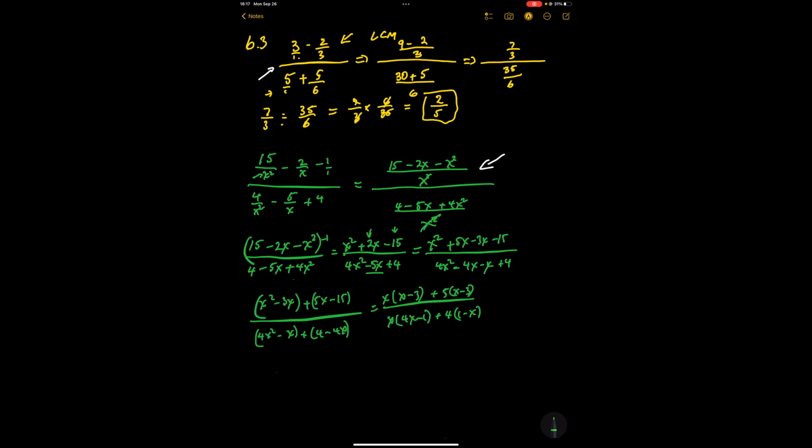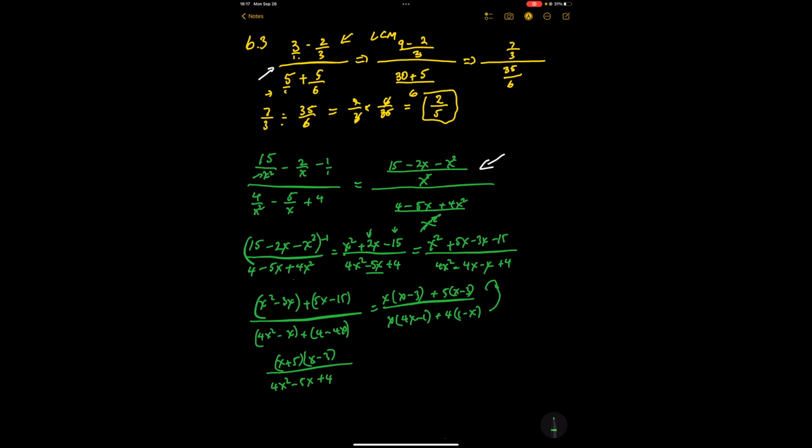What that means now, guys, is the bottom part cannot be factored, because you have nowhere to make it work anymore. So the bottom part is going to remain as this, and the top is going to be x plus 5 times x minus 3, over 4x squared minus 5x plus 4.